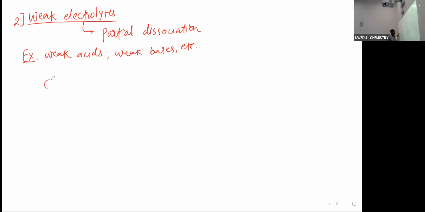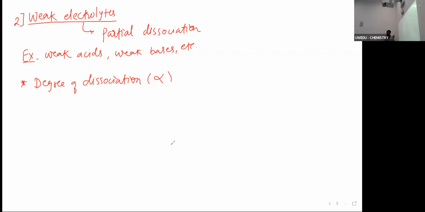When weak electrolytes are dissociated, they dissociate partially, right? And that's why we come across one concept called degree of dissociation. Degree of dissociation means how much is dissociated, denoted alpha. Alpha is the degree of dissociation, and the percentage degree means we multiply that by 100.